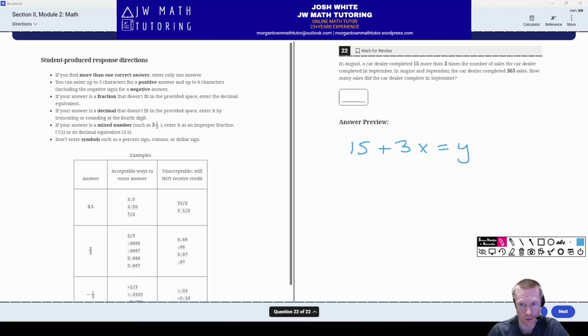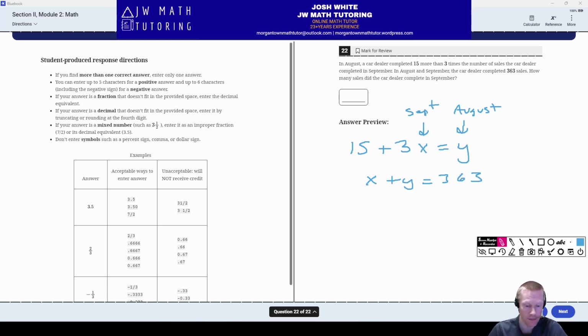And that's equal to, basically, this is the August number because it says in August, a car dealer completed so many sales. This is the September, which is X. You could use other letters if you want to. If you want to use A and S, that would be fine. Together in both months, so August plus September, together is 363.